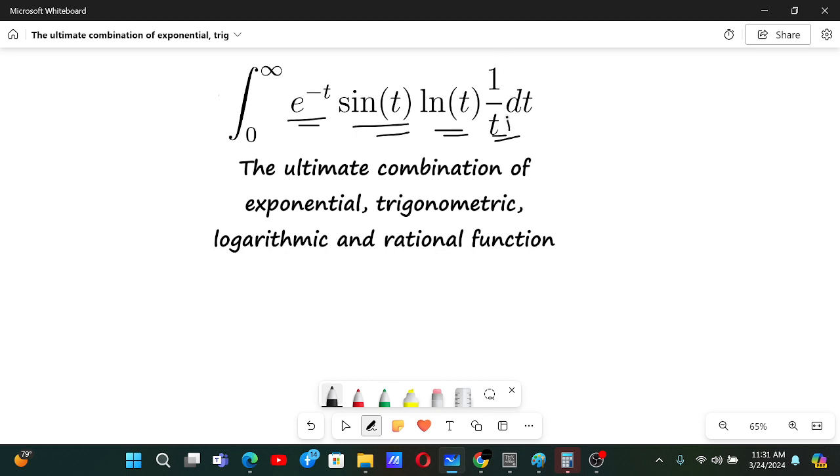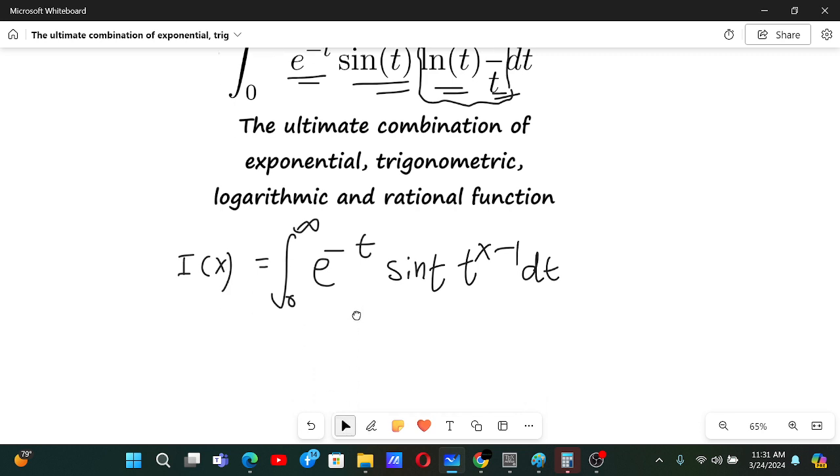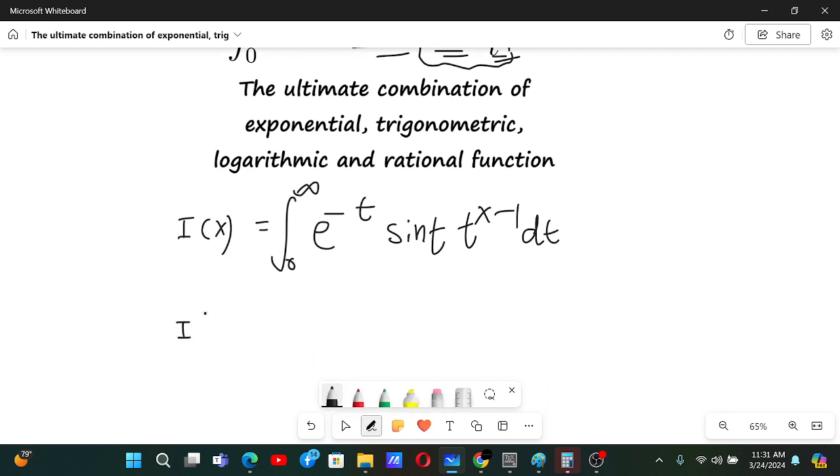Okay, so there's a way we can combine both of them in a single term. If we make a definition that this function over here is I of x, and then if we just differentiate the function with respect to x, then we have the partial derivative inside the integral, and that gives us t to the power x minus 1 times ln of t dt.